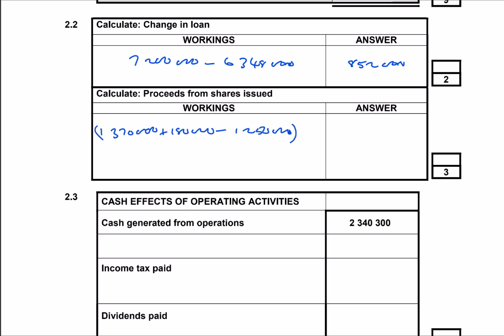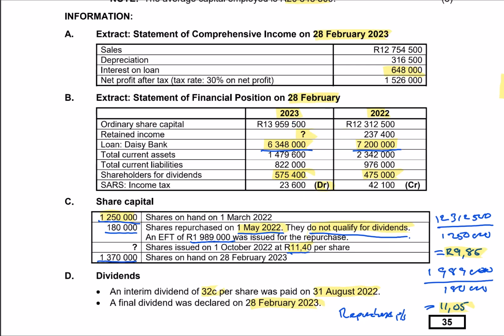Then all this multiplied by 11 rand 40 cents, which is this one here.